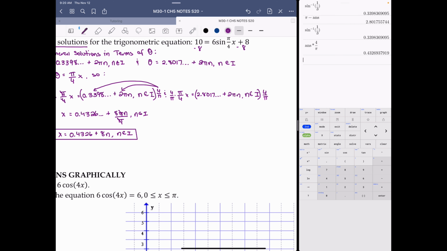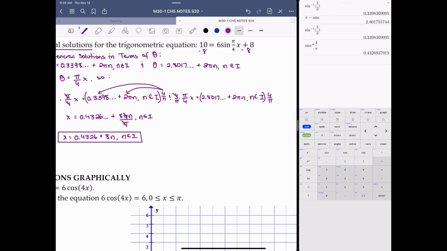In our second general solution, 4's divide out, pi's divide out, multiply 4 over pi into the brackets, multiply to each term, which is the 2.8017 and the 2 pi n. Then we get x equals, we want the 2.8017. To get that, we did pi minus our first answer, so pi minus sine inverse of the fraction 1 over 3.